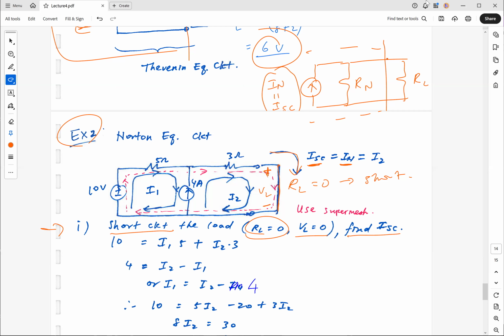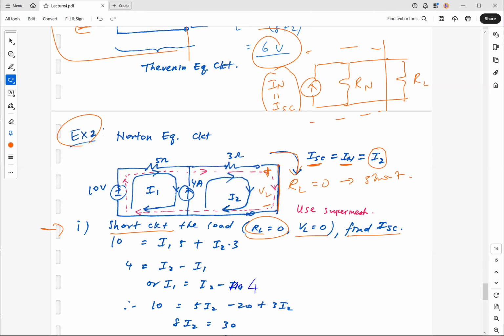I'm probably going to use mesh analysis to solve this problem, and I know that I have two loops. In this second loop, I'm going to call this I2. So this ISC is equal to IN, and it has to be equal to I2 as well.